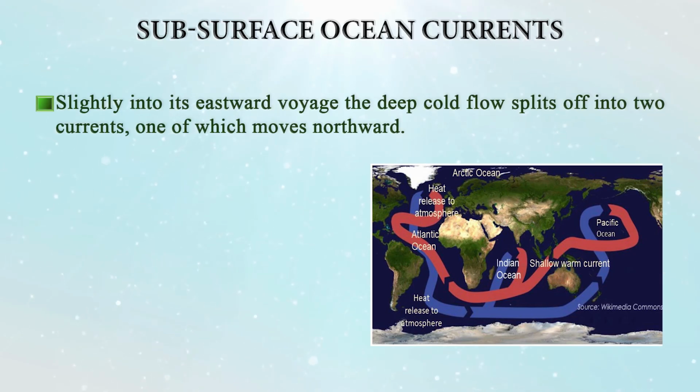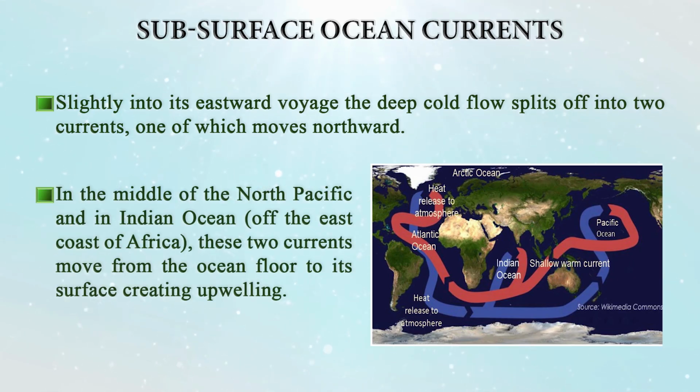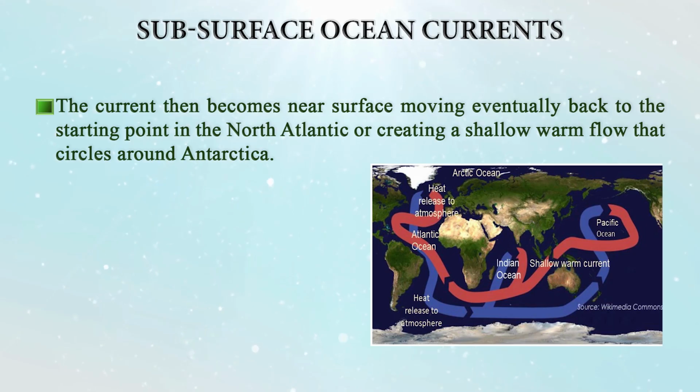And slightly into its eastward voyage, the deep cold flow splits into two currents, one which moves northwards in the middle of the North Pacific and in Indian Ocean off the east coast of Africa. These two currents move from the oceanic floor to its surface, creating upwelling. The current then comes near the surface, moving eventually back to the starting point in the North Atlantic, or creating a shallow warm water that circles around Antarctica.